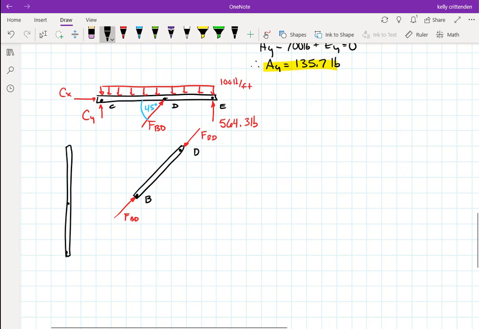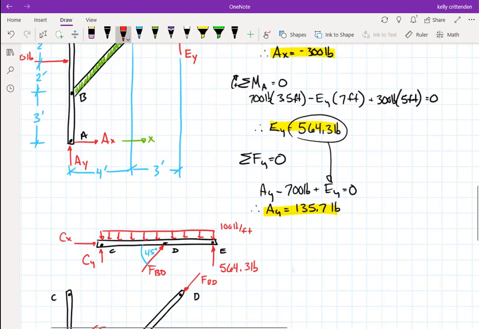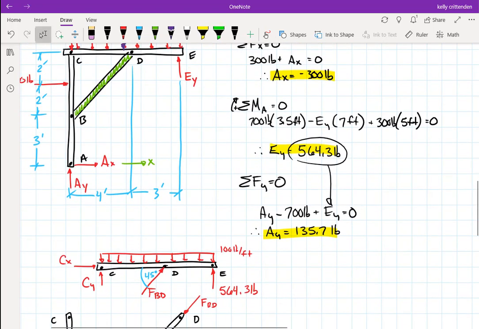So there's A, B, and C. At B, we have to show the equal and opposite reaction to this thing, so like that. At A, we have AY, which does point upwards, 135.7 pounds. AX does need to go to the left.